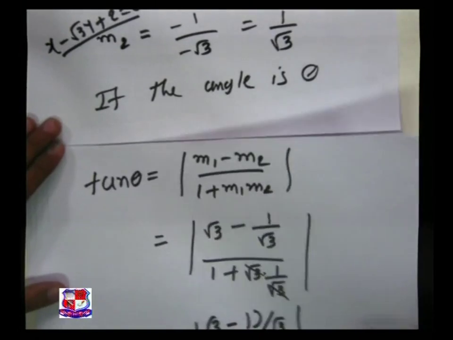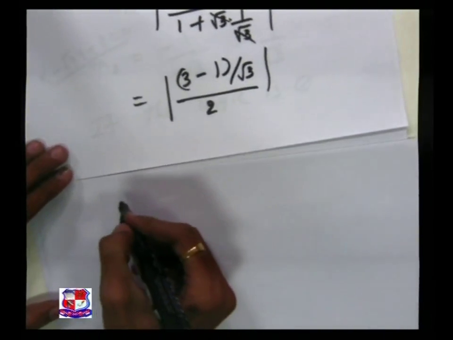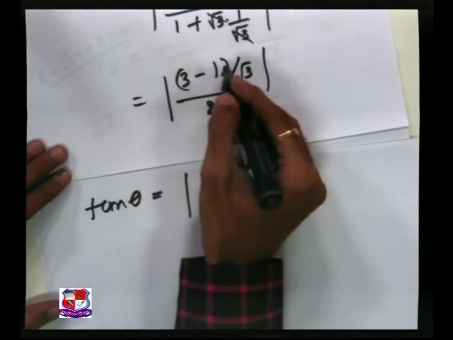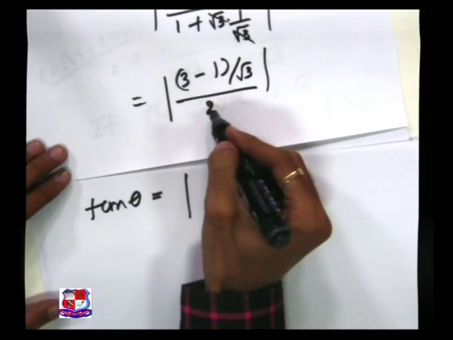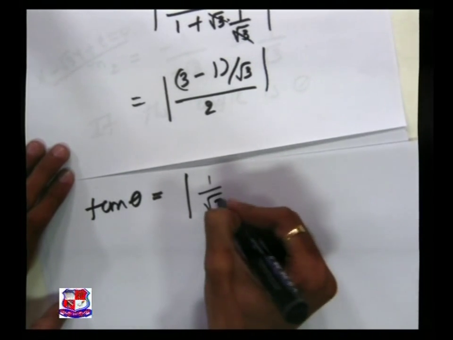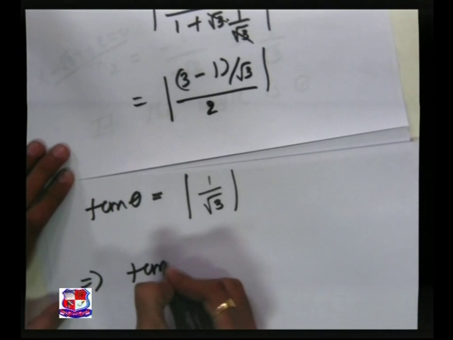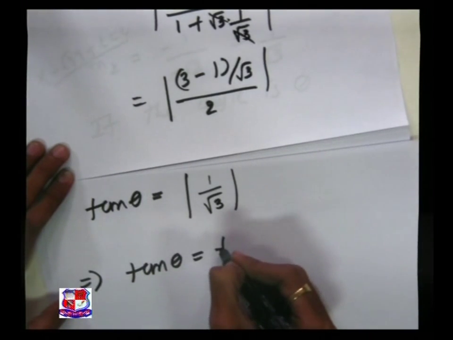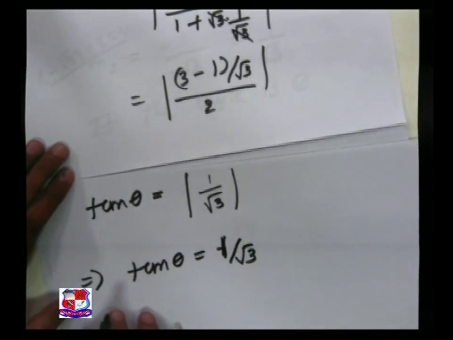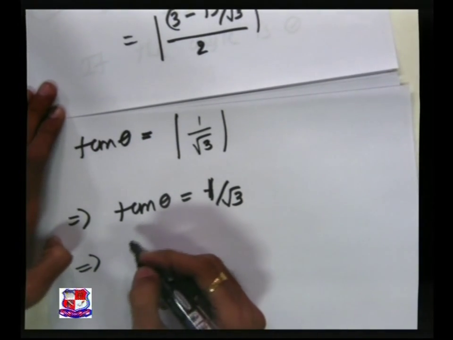By simplifying, tan theta = modulus of (3 − 1) is 2, and 2 is cancelled out. So we get the modulus of 1/√3, which is 1/√3. So tan theta = 1/√3.